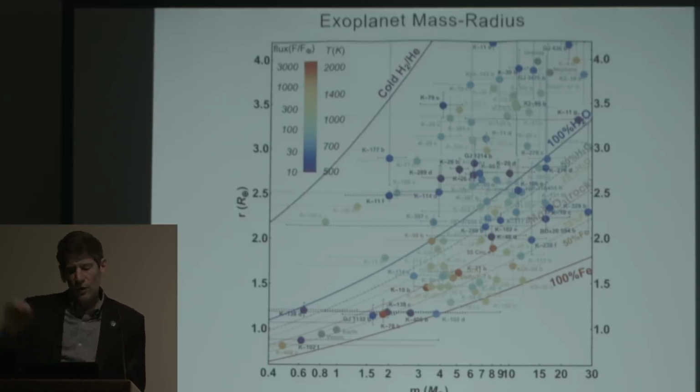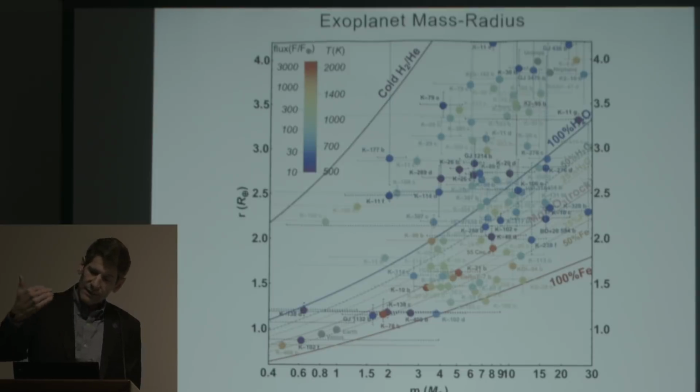So if you see those curves that increase to the right, notice at the bottom there's one that's 100% iron. That would be the density of an iron planet. And as you go up, you can see that there are ones that are 50% iron, 25% iron. Then you can start to see the silicates, the oxides, so the traditional minerals. Then you can see the water worlds, 25% water, 50% water, 100%.